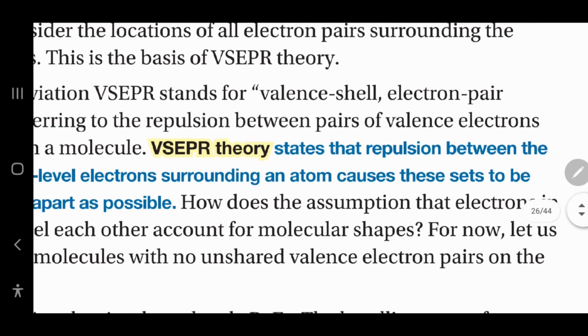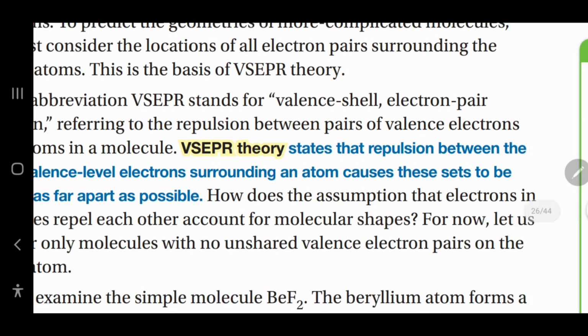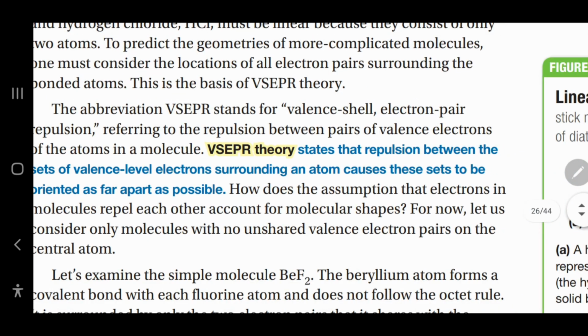And this repulsion is actually the main factor that affects the shape of compounds in 3D. As you know, the structural formula can show us, as we said before, the shape of the compound in 2 dimensions, but not in 3 dimensions.